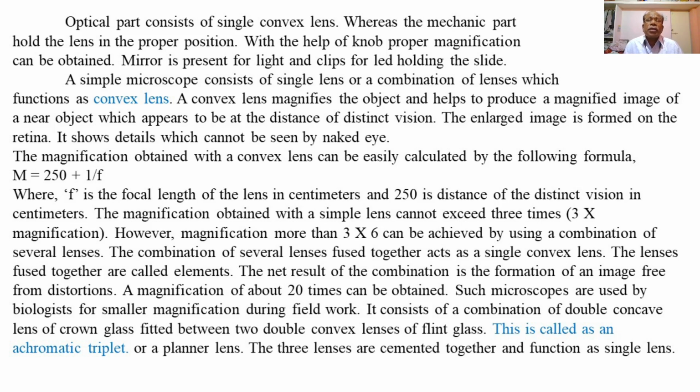The magnification obtained with a convex lens can be easily calculated by the following formula: capital M is equal to 250 by small f plus 1, where small f is the focal length of the lens in centimeters and 250 is the distance of distinct vision in centimeters.